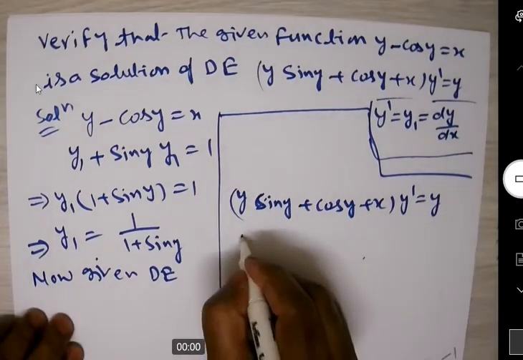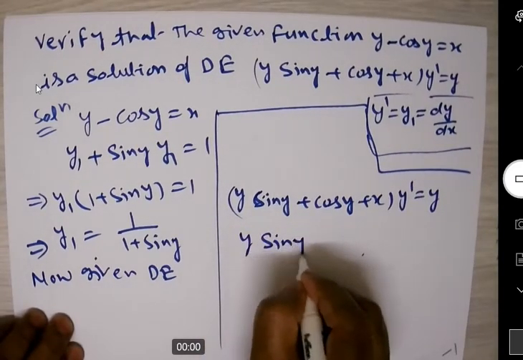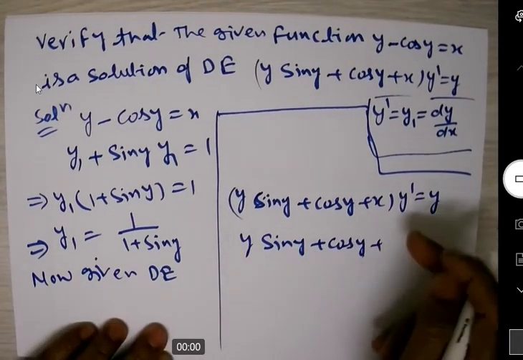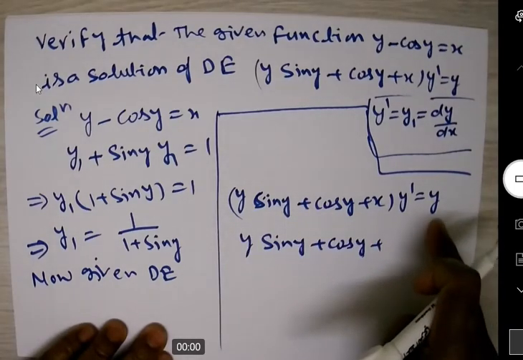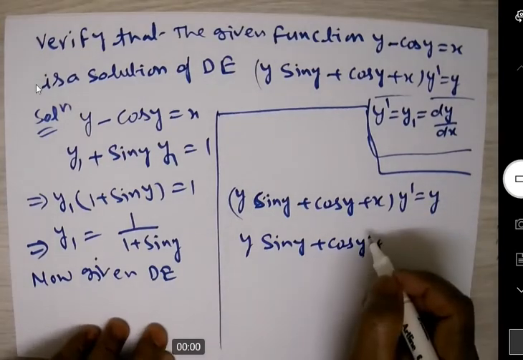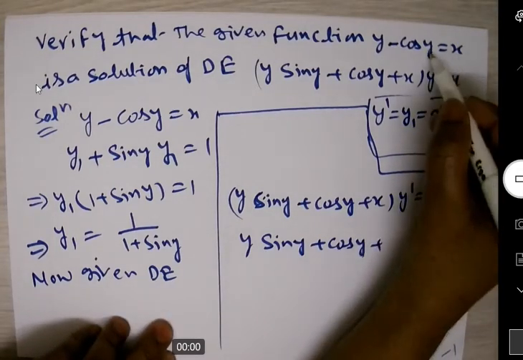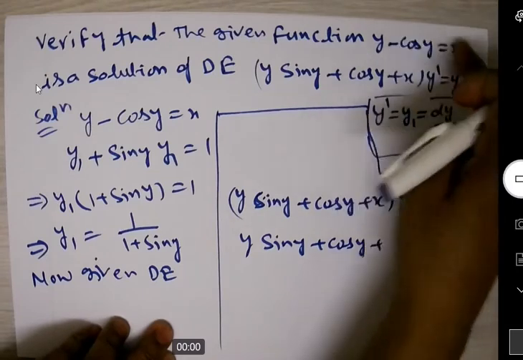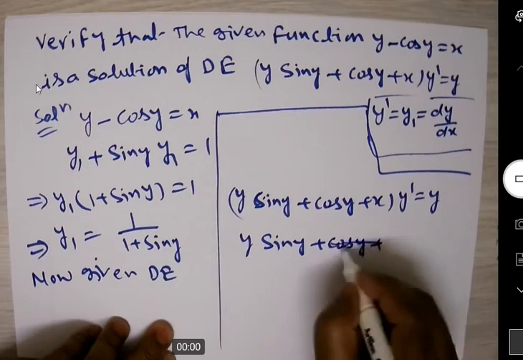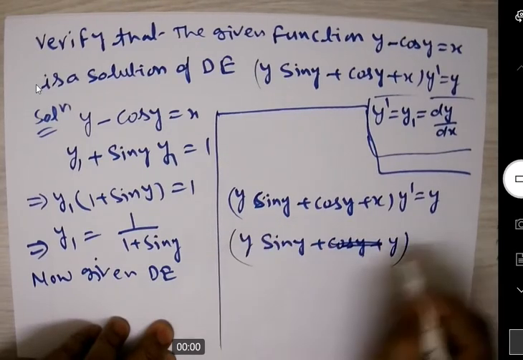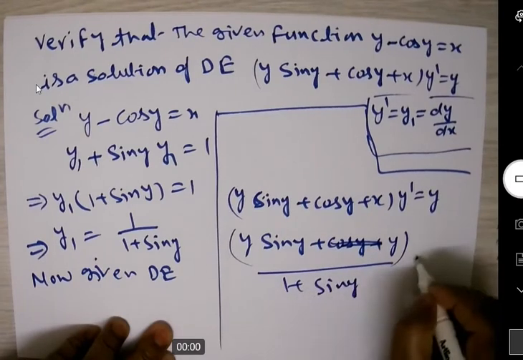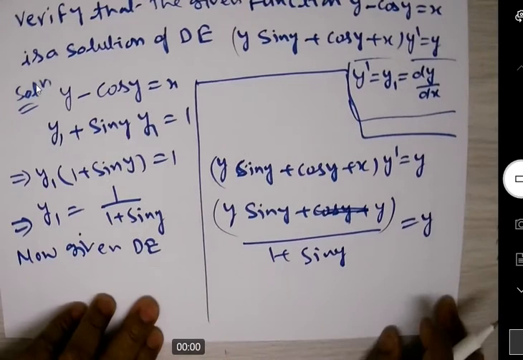Substitute here, because we have to reduce all the terms to y. From the function, x plus cosine y is y. So in place of this, we can put y into y dash, and y dash means 1 plus sine y, so that it becomes y.